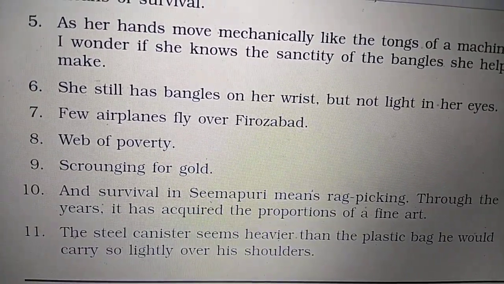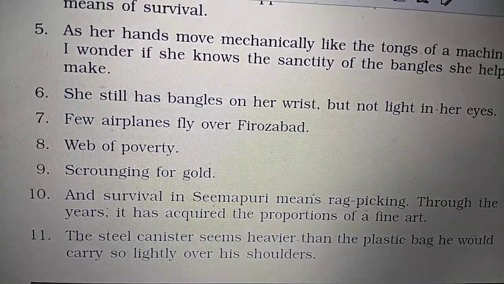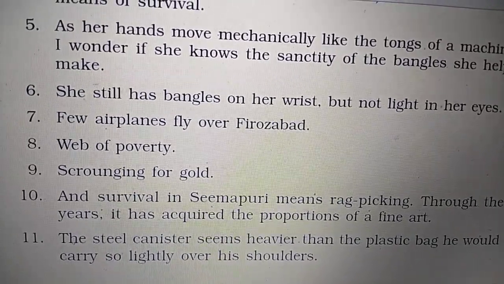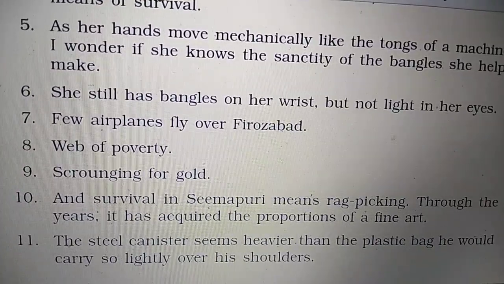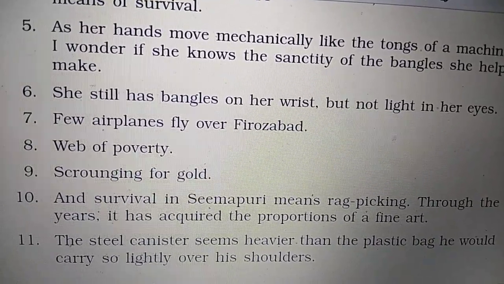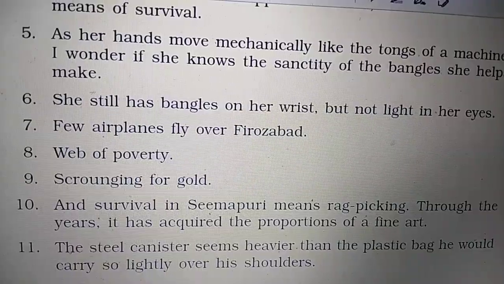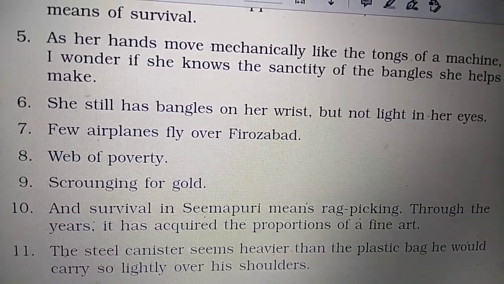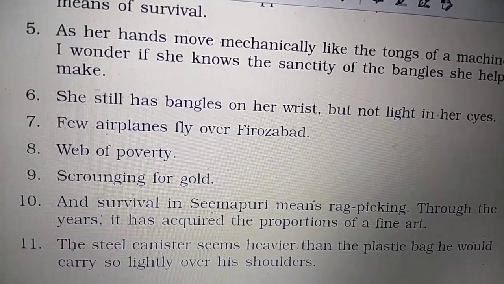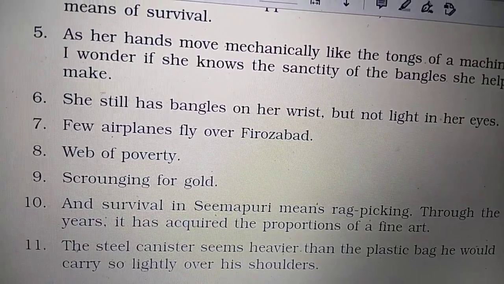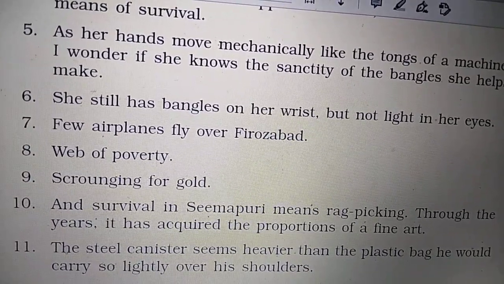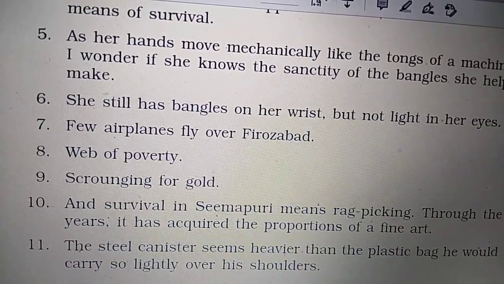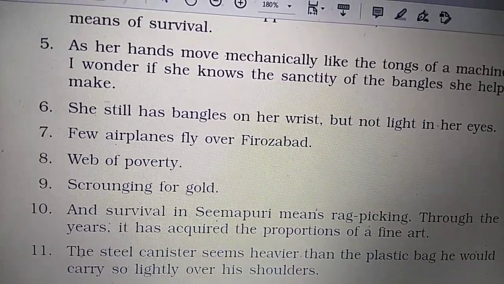What are the two opposite facts? The boy Sahib is holding a canister which is made of steel in his hand, and I don't think it can be heavier than the plastic bag he usually used to carry to pick up the garbage. So here the author has used the literary device paradox.